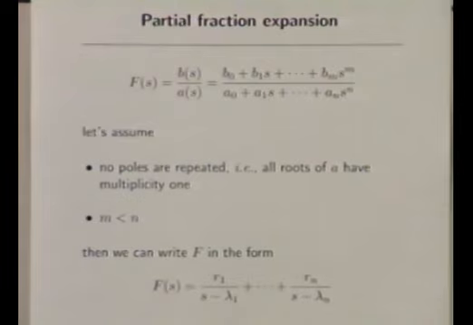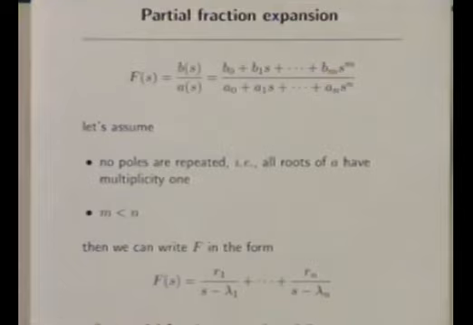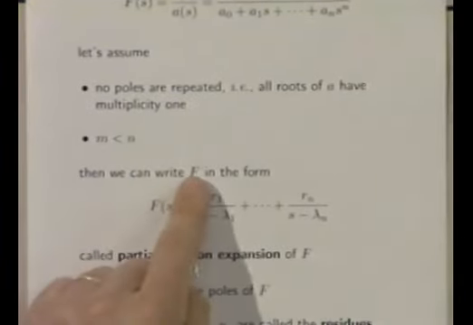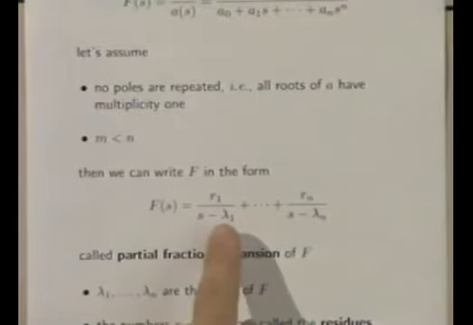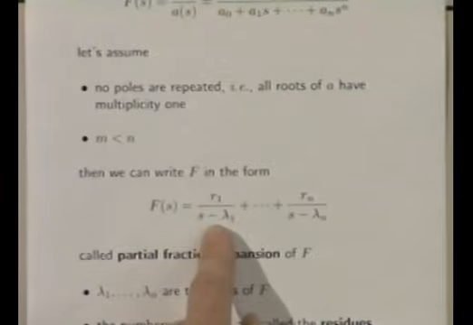There's another form for a rational function which is going to be exceedingly useful to us, and that's the so-called partial fraction expansion, and it looks like this. You write it as a sum of rational functions, each of which has a constant numerator and a first-order denominator.